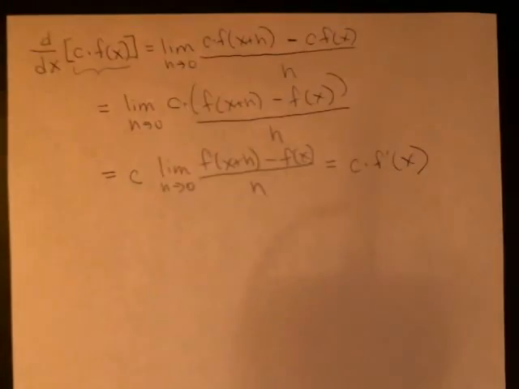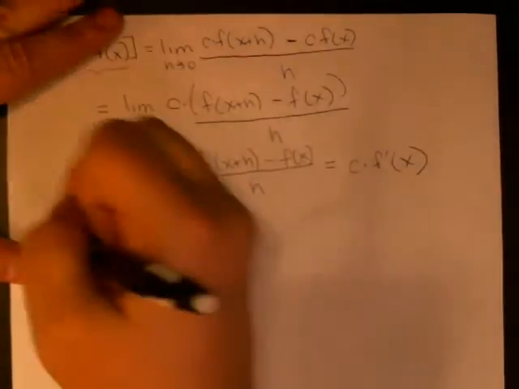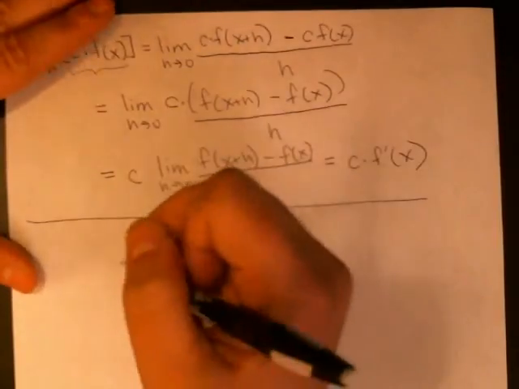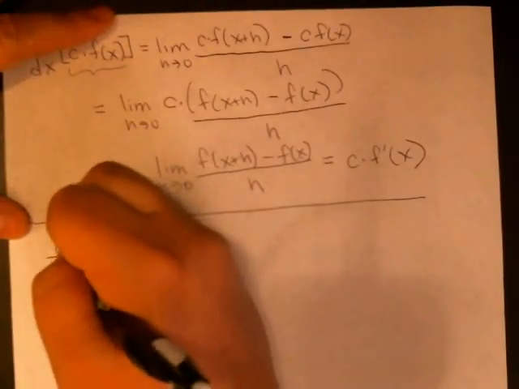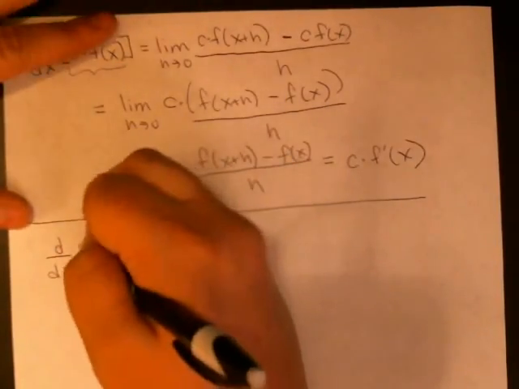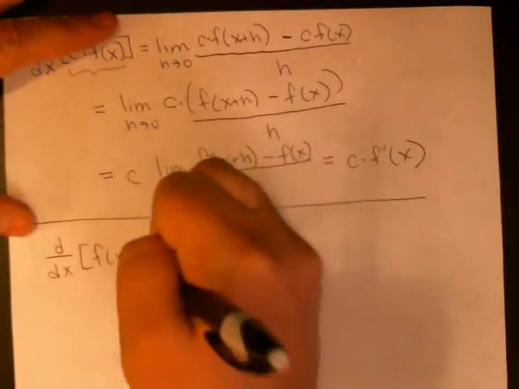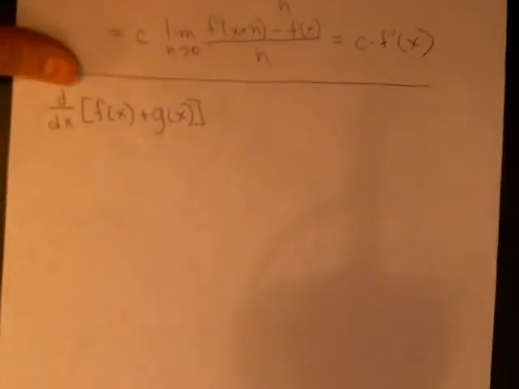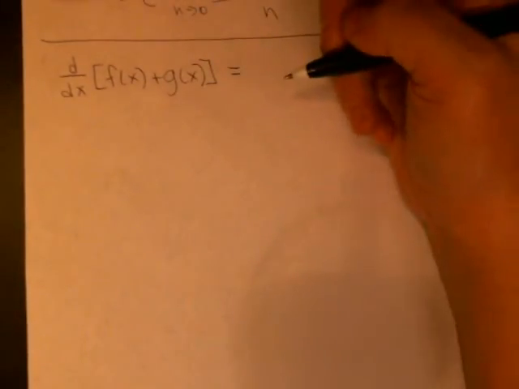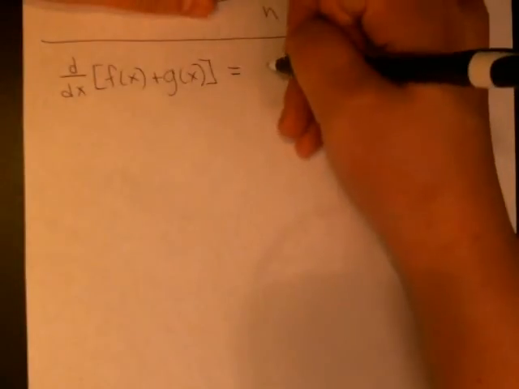Okay, the other one, just one more really, it's kind of two, but I'm only going to walk through one version, is the sum or difference rule. We'll go through the sum. I want to know what the derivative of f of x plus g of x is. If I have two functions whose derivatives I know, can I figure out the derivative of the sum of those two functions?